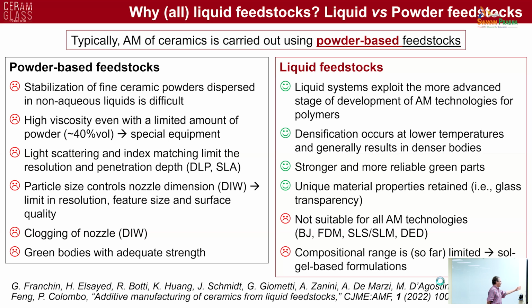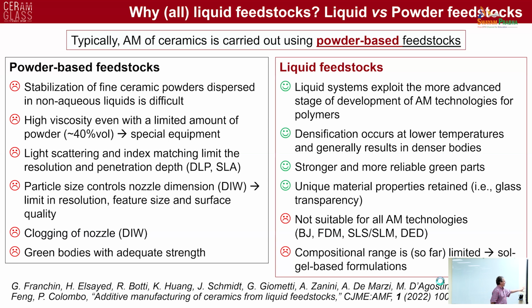If you're using extrusion-based technologies, and I'm thinking especially of direct ink writing, but this is also applicable to fused filament fabrication, you have issues in terms of the surface quality, feature size, and resolution, besides having issues with the clogging of the nozzle.